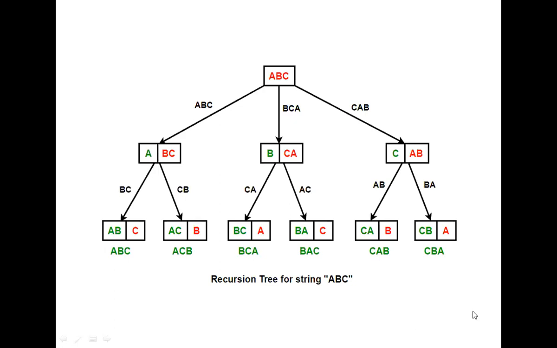See here, this is in between A and C, so this is not the solution. This is what we call a bounding function. So you can stop here only. You cannot calculate this one, because the constraint is not satisfied here.